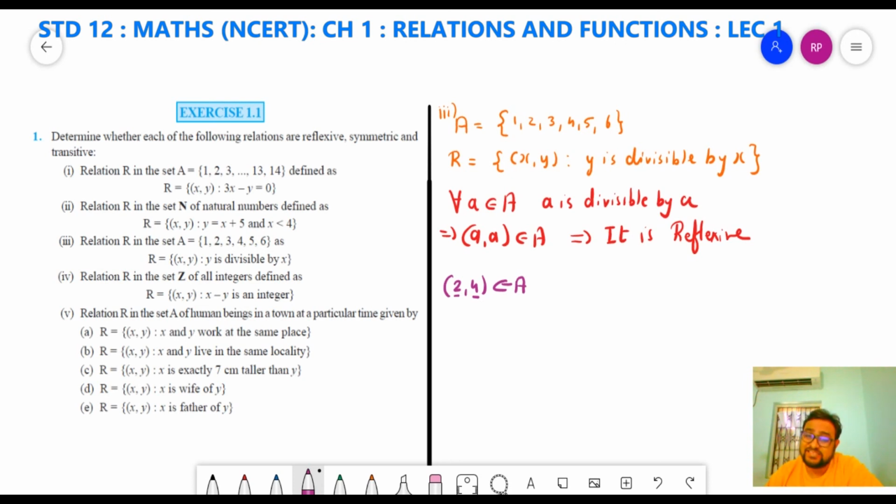But can I say that 2 is divisible by 4? No. 4 is divisible by 2, but 2 is not divisible by 4. Right? So (4, 2) does not belong to R, because 2 is not divisible by 4. So that means it is not symmetric.